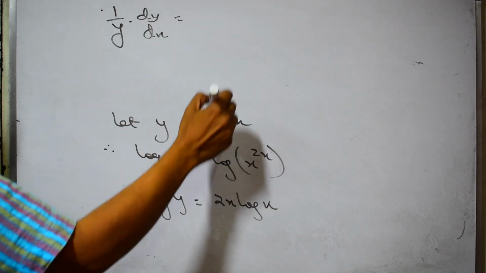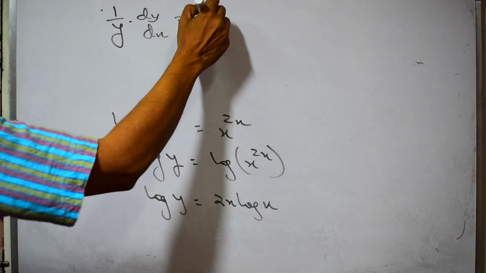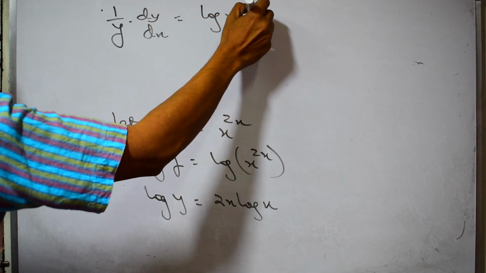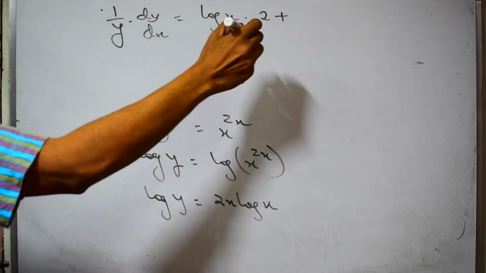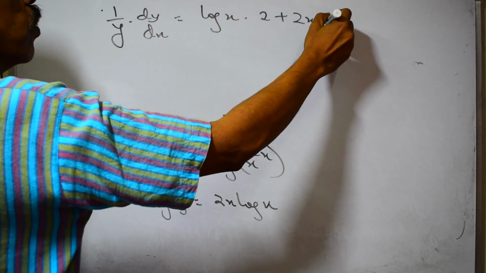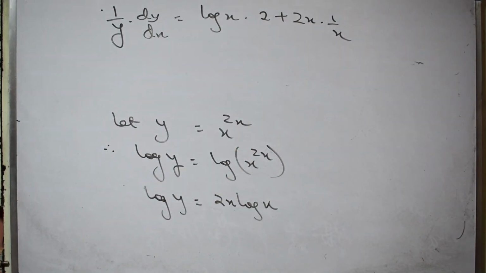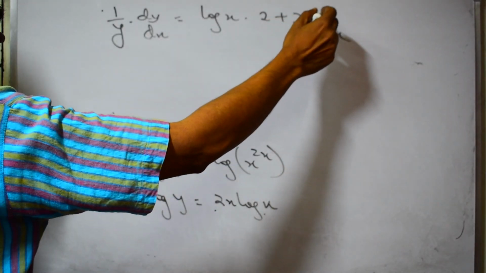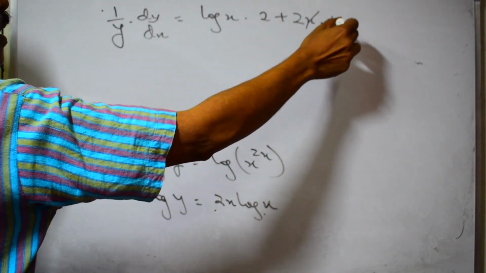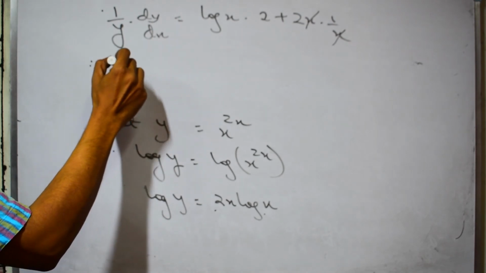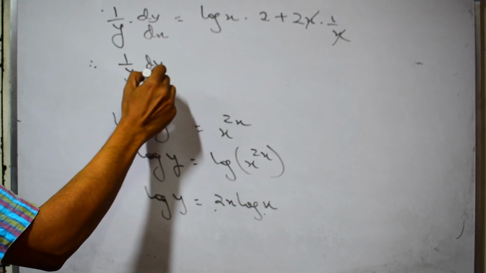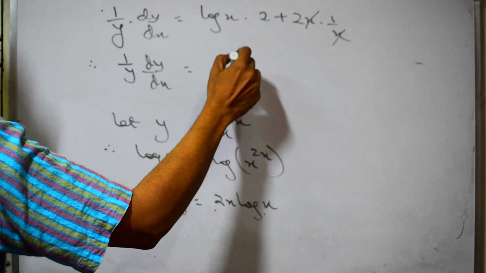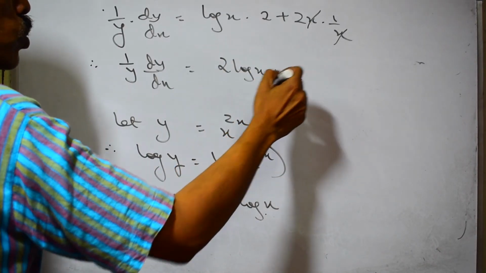The right-hand side is a product rule, which we discussed last day. Log x into the derivative of 2x, which is 2, plus 2x into the derivative of log x, which is 1/x. So x cancels out. Therefore 1/y dy/dx = 2 log x + 2.